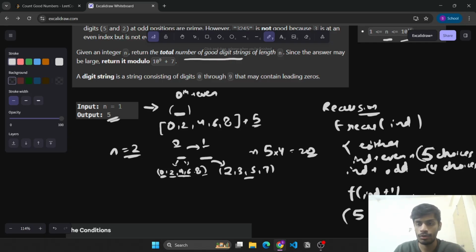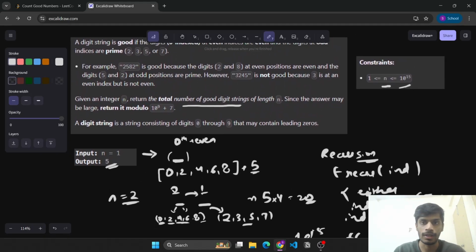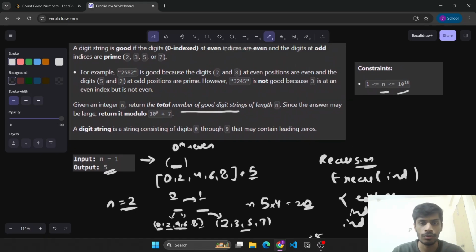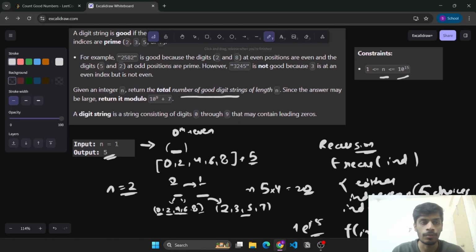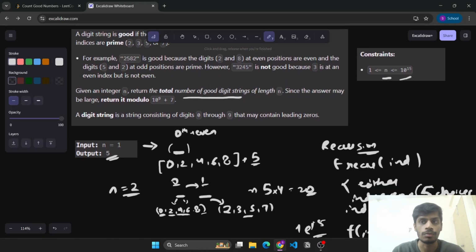So the complexity would be of the order of 20 to the power n by 2, and since n is of the order of 10^15, that means it will be root 20 to the power n, something like 4.7 to the power n, which is really high, right? So we cannot solve this problem recursively, so maybe we need to use some combinatorics, or permutation and combination, and then try to solve this problem.